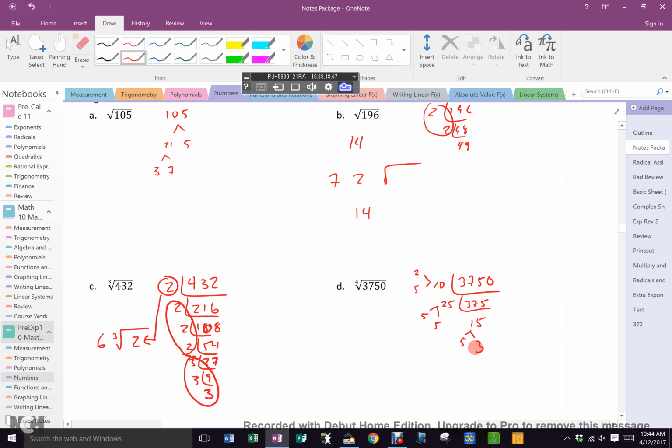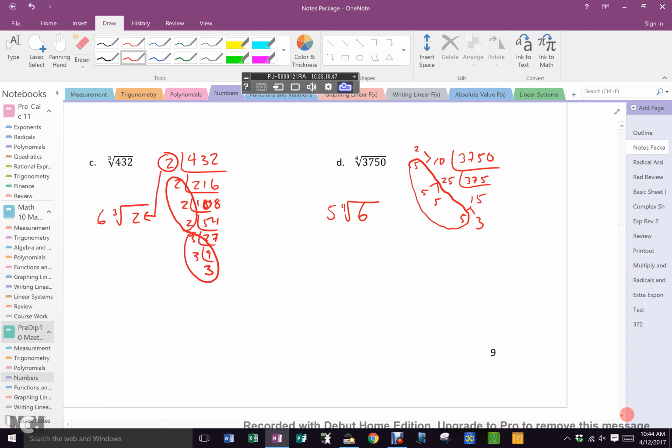See any group of 4? Right there. Please notice that I mixed the stairs and the tree there. I've done factoring mutants. So what comes out? 5. What stays under there? 6. Yay! Is everybody good?